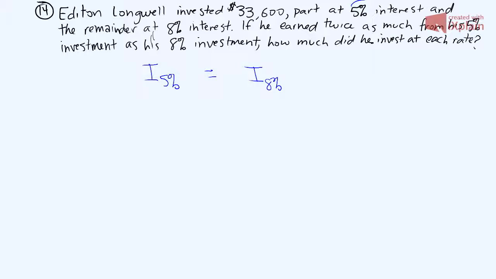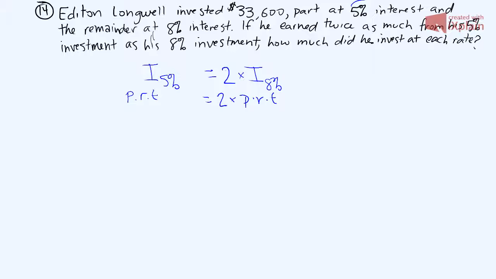Now it says that he earned twice as much from his 5% investment. So that means that his 5% is twice the interest of his 8% investment. So let's go ahead and we need to use our PRT equation. This is going back to what we talked about the other week.